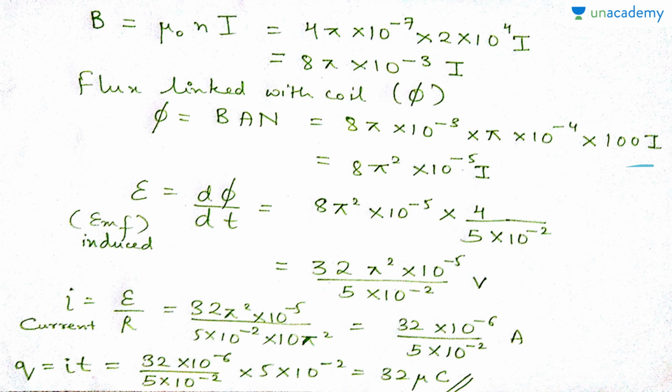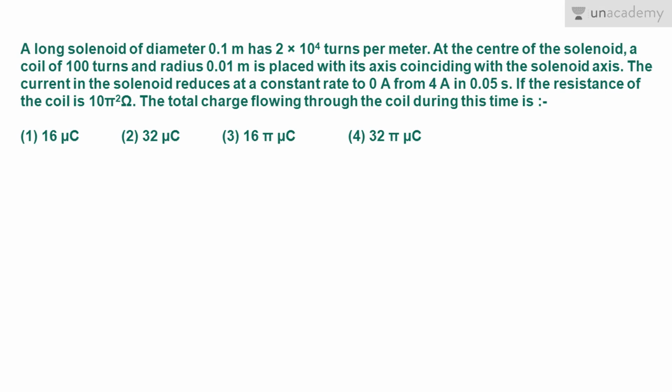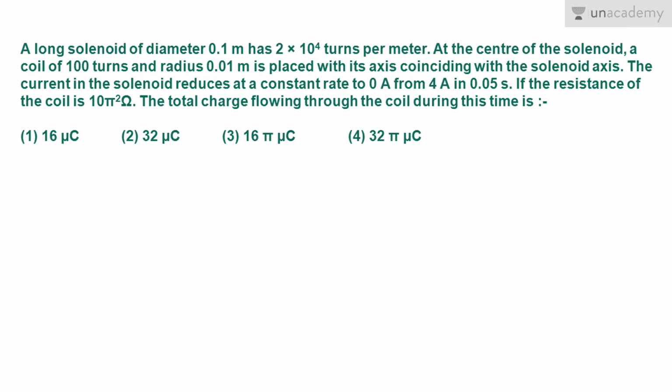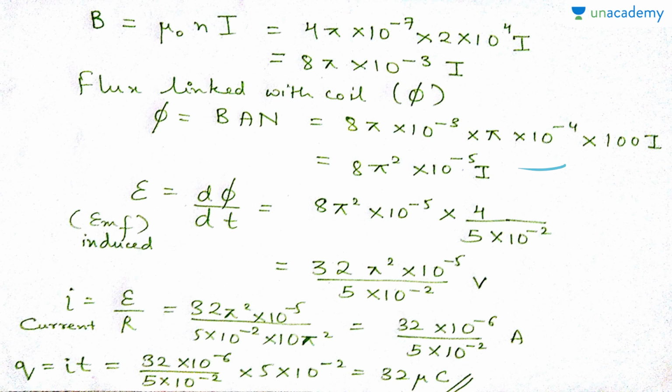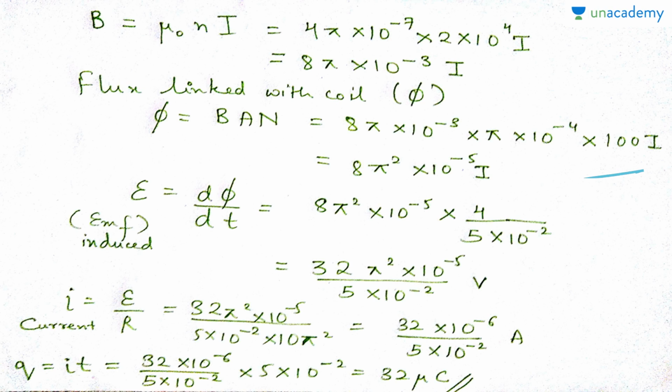Now the value of A: it is pi r square, the area, and r is given to us. What is r given? 10 to the power minus 2, so squared it becomes 10 to the power minus 4, pi r square. And N, see the question, 100 turns, that is also given. So N is equal to 100. Upon solving this, we'll get 8 pi square into 10 to the power minus 5 i.